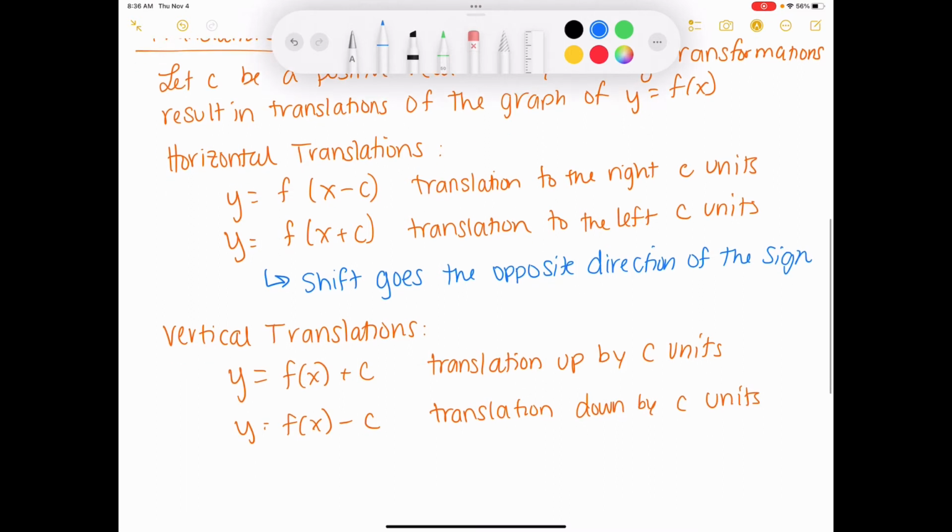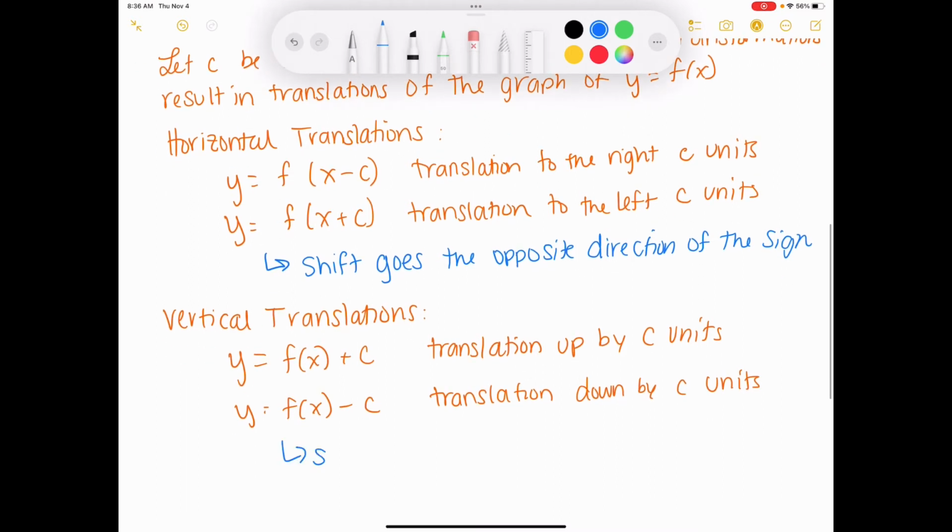So with this one, the shift goes the same direction of the sign.